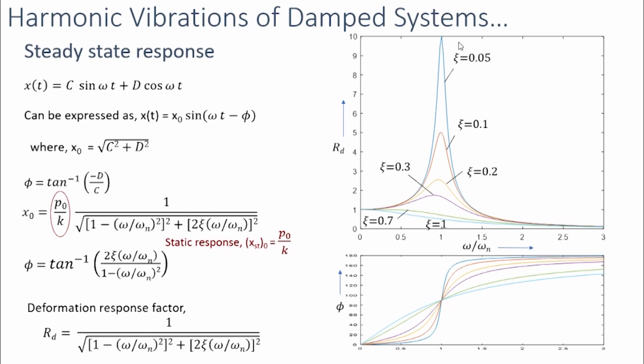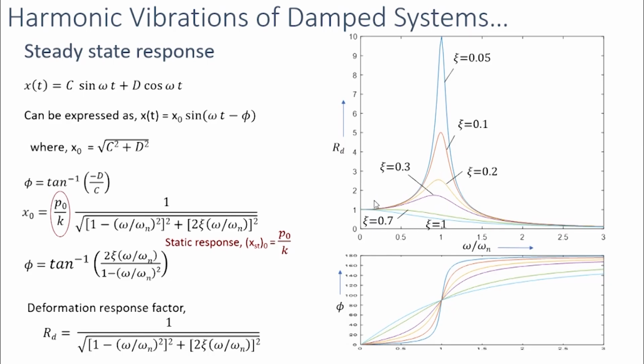So when the damping is small, the value of Rd at frequency ratio equal to 1 is very high. And when the damping is increasing, the response factor at frequency ratio 1 becomes smaller and smaller.